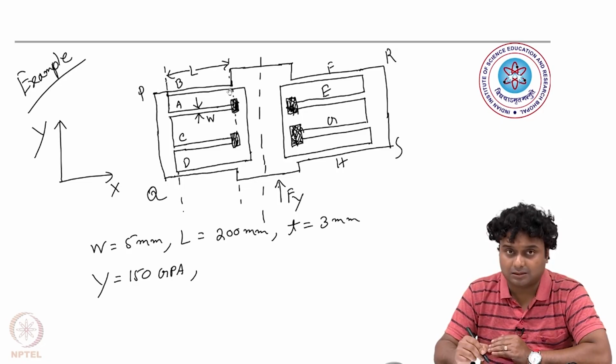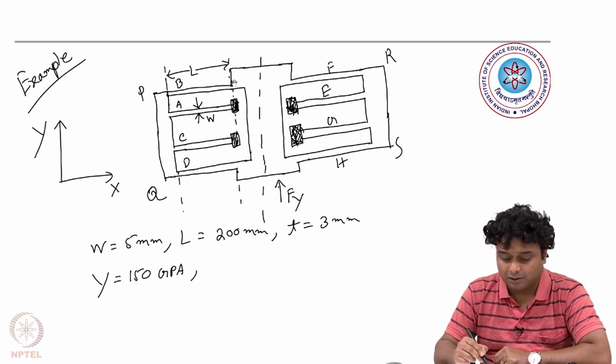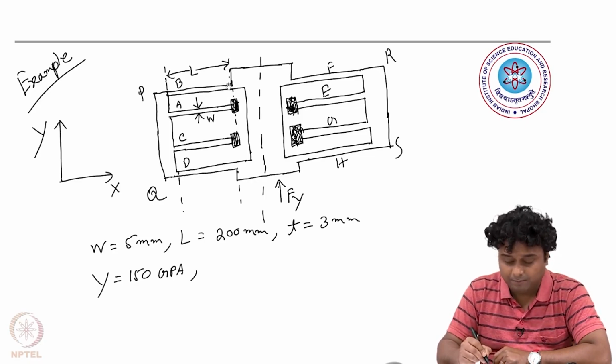Then if the PQ structure moves upward by 3 micrometer, that means the B beam has bent, with a separation of 2 micrometer between both sides, because the point connected to the proof mass has moved upwards by 5 micrometer, whereas the other part connected to the PQ structure has moved upwards by 3 micrometer. So it has a guided movement of about 2 micrometer.